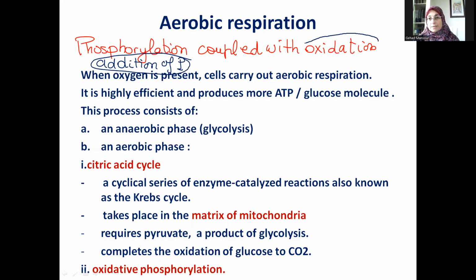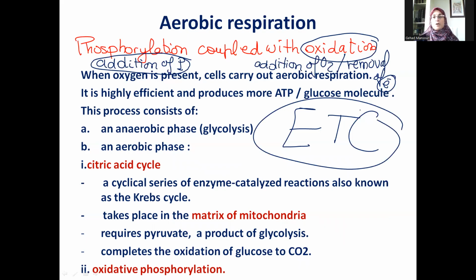And oxidation is either addition of oxygen, or removal of electrons. And oxidative phosphorylation is a process that occurs along the electron transfer chain.